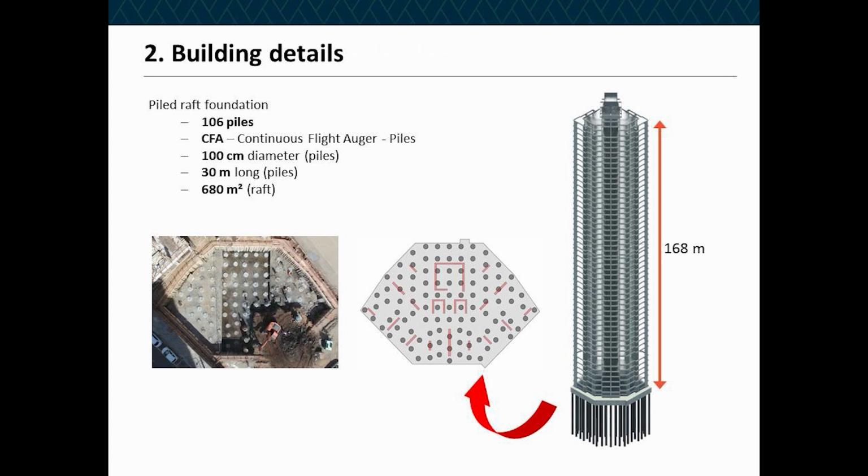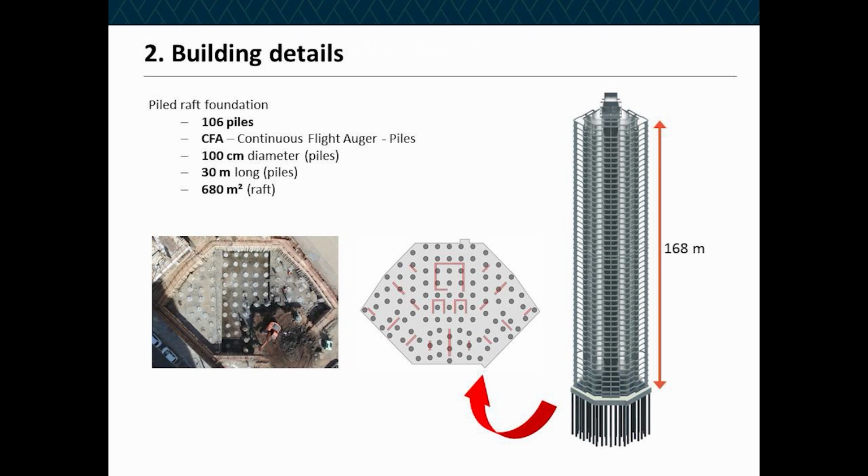Some other building details now about the foundation. It is a piled raft foundation with 106 CFA piles. CFA piles are the continuous flight auger piles. So each one with 100 centimeters of diameter and 30 meters long.